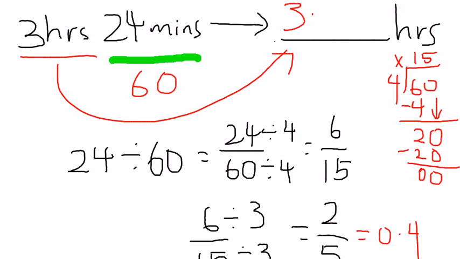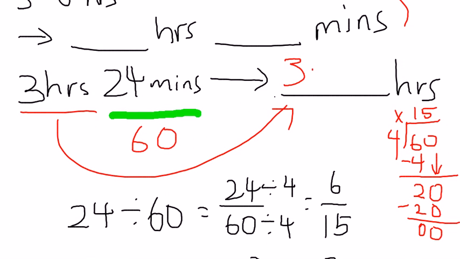Here we already have 3. So all you have to do is put the 0.4 inside. 0.4. You cannot put in 0 and 4. This is wrong because the decimal is in the wrong place. So what do you have to do?